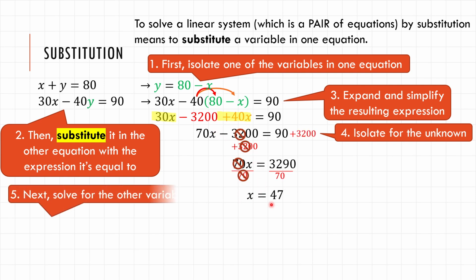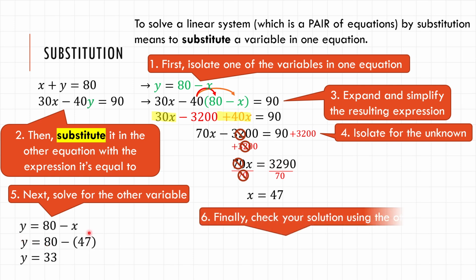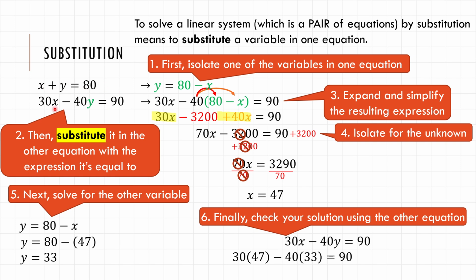And then finally, you can take that variable and plug it right back into the original equation you had to find the value of the other variable. Now that you're done all that, you can, of course, check your work by taking either of the two equations, plugging in the values that you know, and making sure that they check out. That the left side equals the right side.